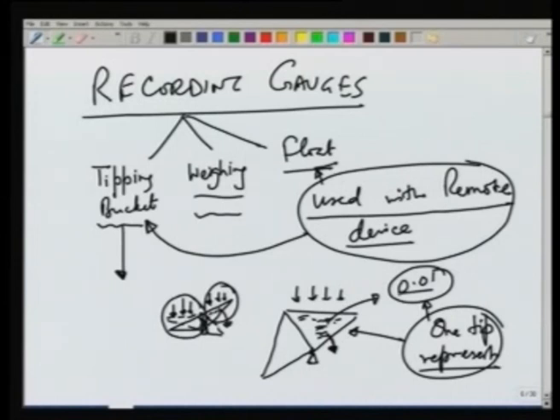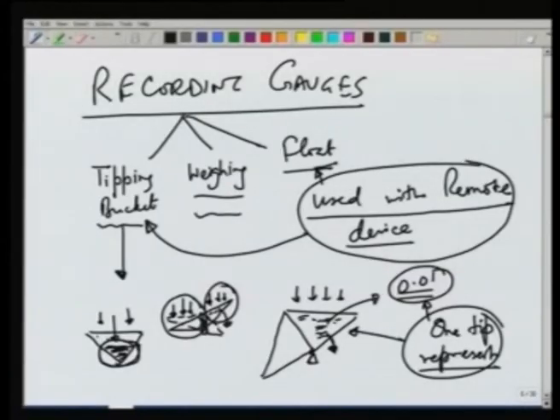So, that is why we cannot have very small capacity also, and if we have very big capacity, suppose the bucket has a large capacity, then there is a possibility that it may not be filled completely and it will stop during some time. So, whatever water is there in the bucket may not be recorded, because this rainfall has actually occurred during some time, but if it has not filled the bucket, it will not tip it and it will not be recorded.